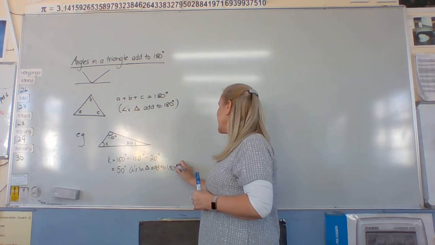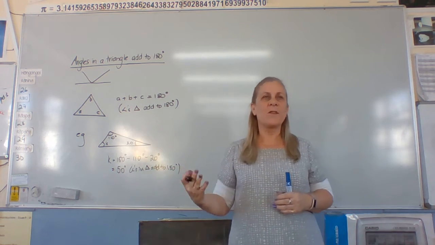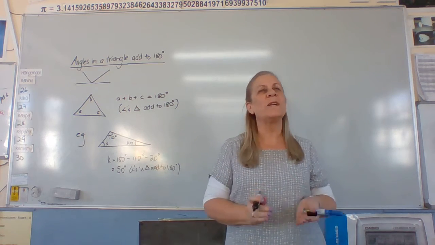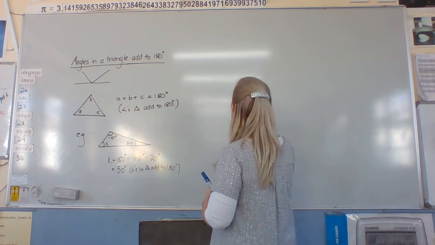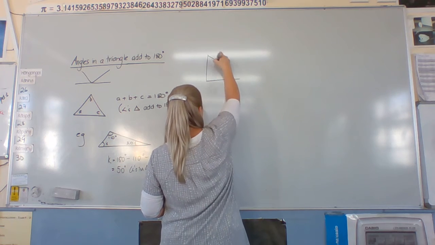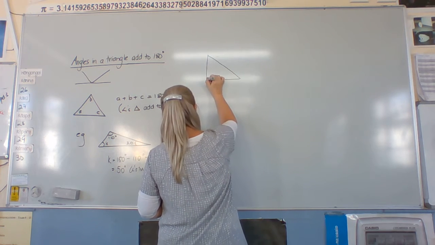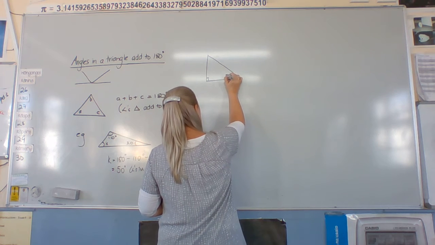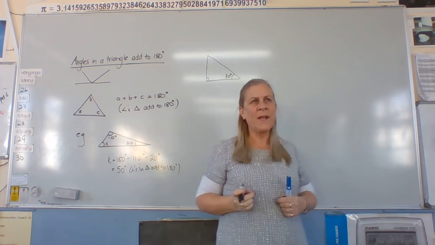Now, that's cool. So we've been given 2, find the other one, we just subtract the 2. But that's not always our case. Sometimes they use this sort of triangle. I've only been given 1 angle, or have I?